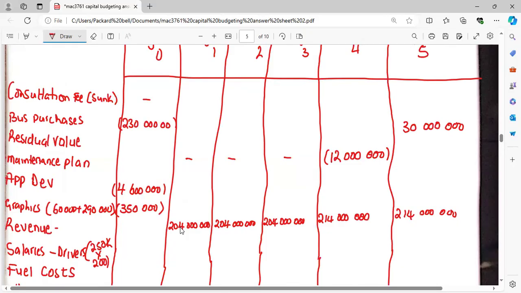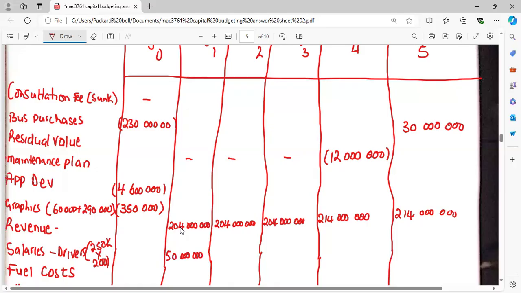So how much are we going to have there? 50 million. The total for all the drivers is going to be 50 million. Is it million or thousand?